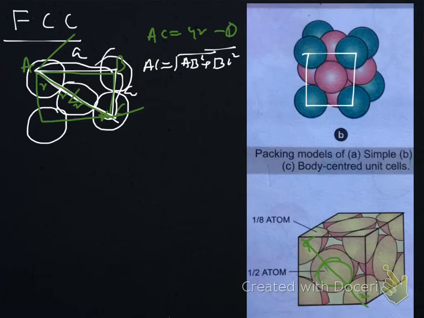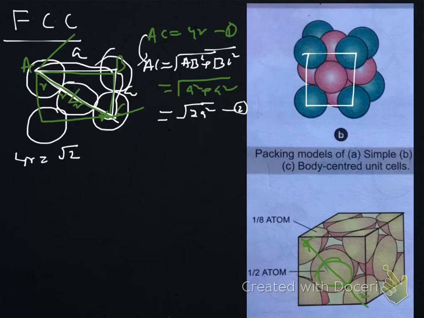And from Pythagoras theorem, AC equal to root of AB square plus BC square, then root of a square plus a square, that is root of 2a square. From 1 and 2, both represent AC. So 4r equal to root 2 a square, coming out of the root, root 2 a.